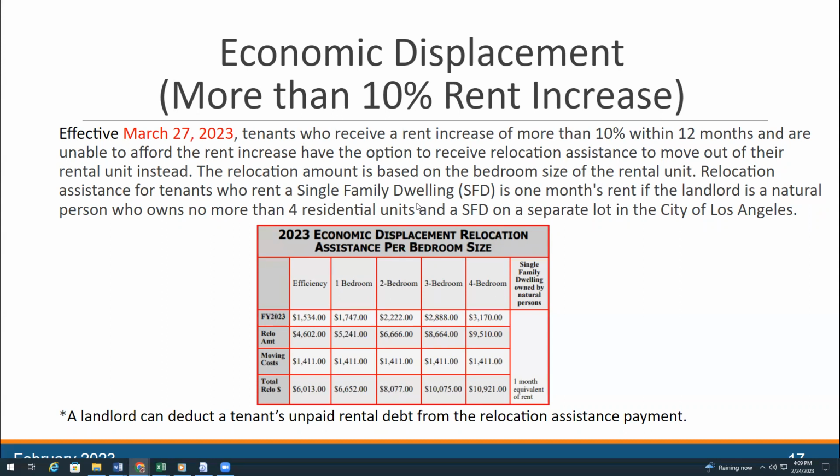The relocation amount is based on the bedroom size. So in this grid, you'll see broken down by efficiency, 1 bedroom all the way through 4 bedroom. And then you have a different tier for the single family dwelling owned by natural person. So the relocation assistance, if the tenants live in a single family home, so it's important to pause there and process that.